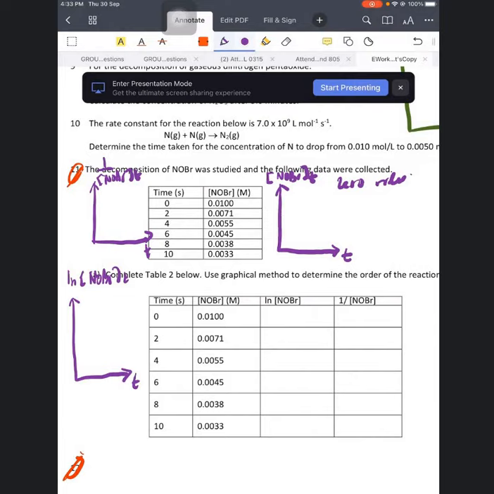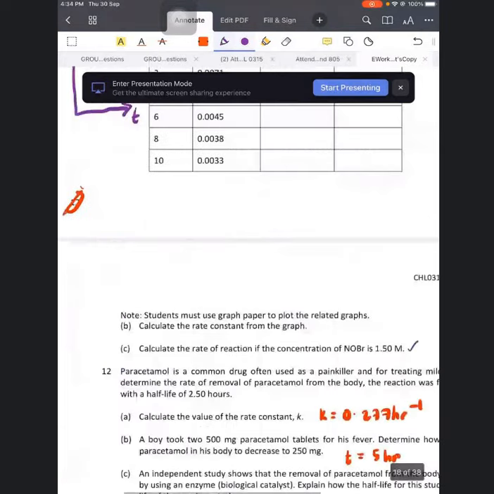Okay, so in this graphical method, it's all about trial and error. Kita kena cuba plot graph yang mana kita kena tengok mana satu yang menghasilkan linear graph. So which means that you need to take a piece of graph paper. Sebab tu kalau tengok soalan seterusnya, students must use graph paper to plot the related graph. You all ada graph paper tak kat rumah?